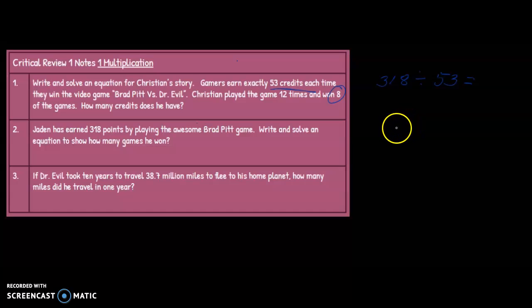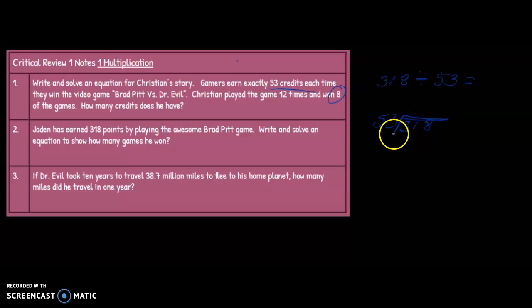So I have 318 divided by, so I want you to think of this division symbol here as the same as this division symbol up here. When you see that symbol and when you say it, you're going to write this division symbol here. So it's 318 divided by 53.